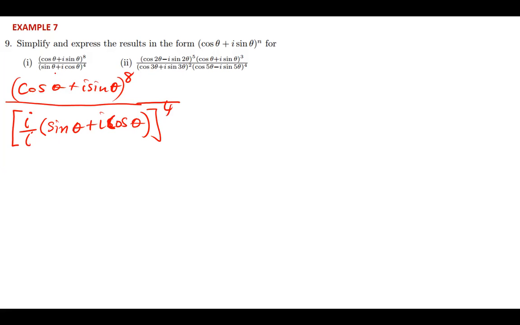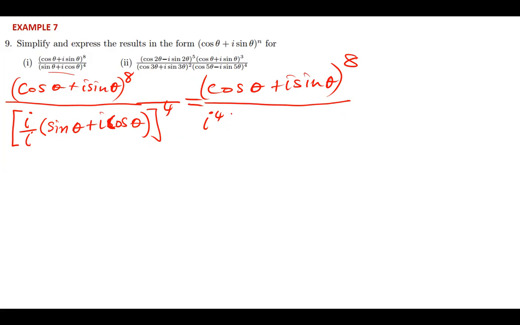1 times this, I'll go back to the same expression there. So we're going to have cos theta there. Then we have plus I sine theta, then raised to power 8. And then everything divided by, so everything divided by this I'll raise it to the power 4. And then this I can go inside the brackets there because it will also be raised to the power 4. Yeah, so I'm going to have I to the power 4 outside, and then open brackets.